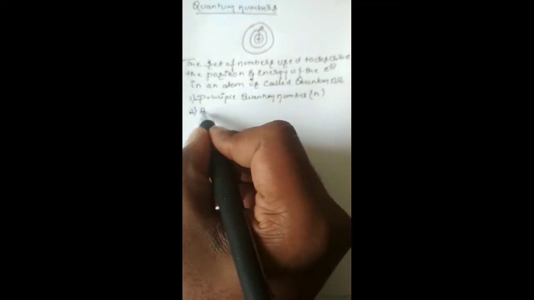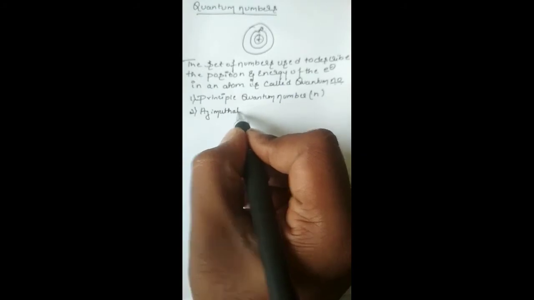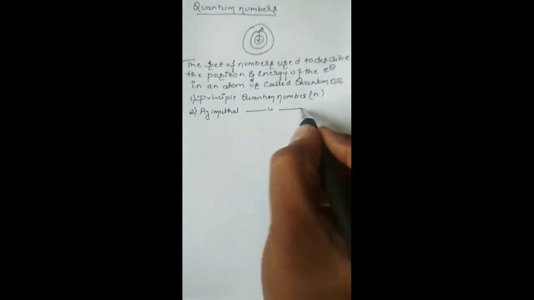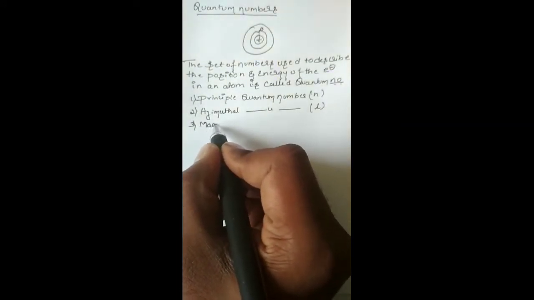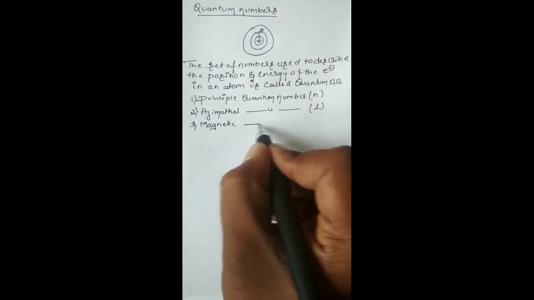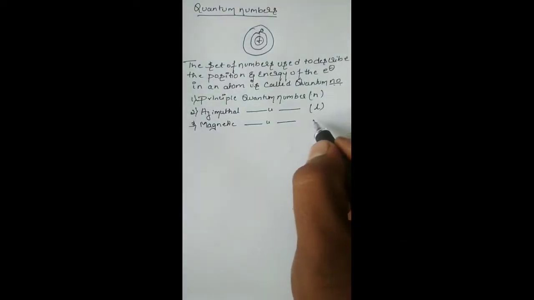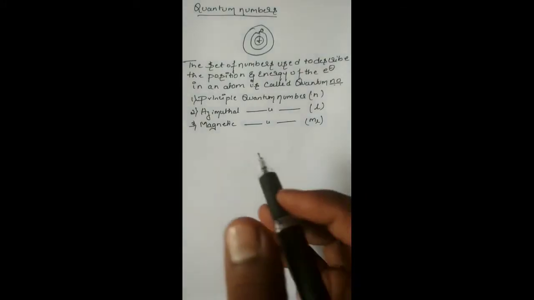Second one is the azimuthal quantum number, denoted as small l. Next is the magnetic quantum number, denoted as m l also. Some books will say m, some other NCERT books say ml.